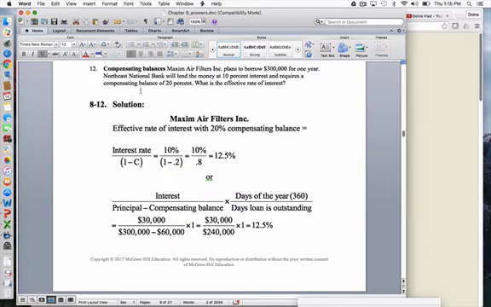So we have this business plans to borrow $300,000 for 1 year. So then again, you are going to have 360 divided by 360 here if you use that formula. And the bank will lend you money at 10% interest and requires a compensating balance of 20%. What is the effective rate of interest?